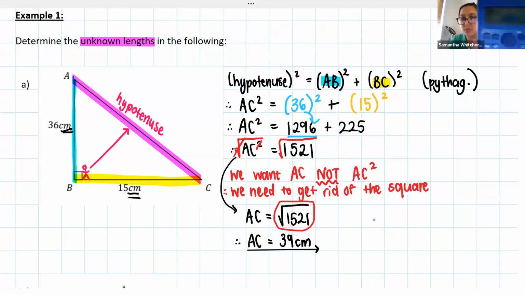So if I do square root 1,521, that's where I get the 39 from. So I have to square root it because I don't want that squared anymore. And so in order to get rid of the squared, I need to do the square root. Oh, okay, ma'am. Because remember, we don't want AC squared, we want AC. So we have to get rid of the squared.